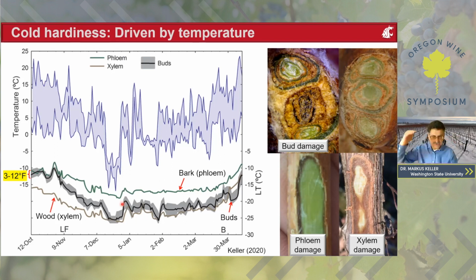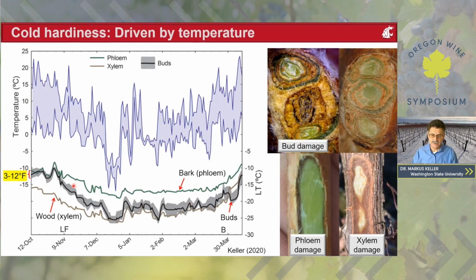So there is this constant up and down in the sugar-starch ratio. And at the same time, there's this constant up and down, as you can see here, of the cold hardiness level of the buds, as well as of the bark and the wood, or the phloem and the xylem. But you can see that the phloem is much less responsive to temperature, is also less hardy than the buds.